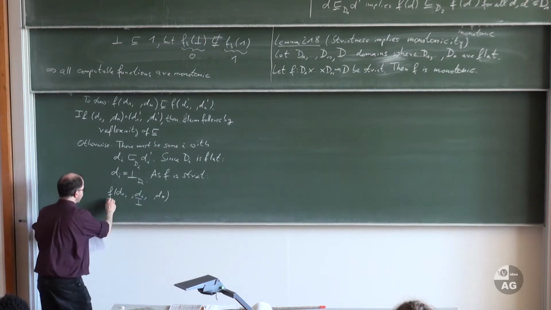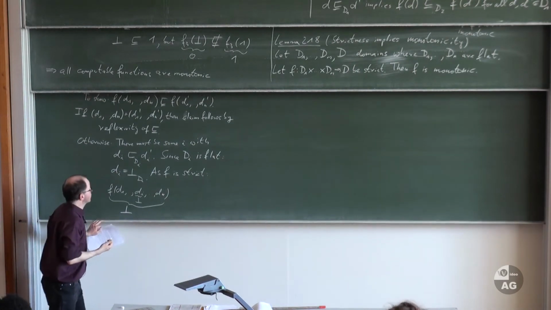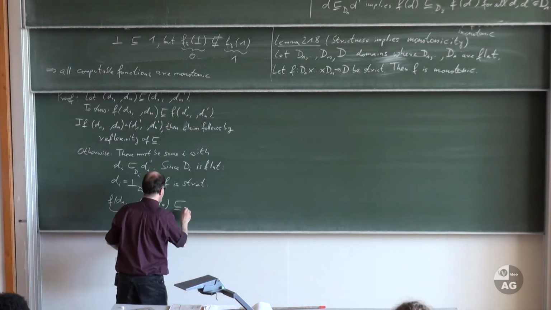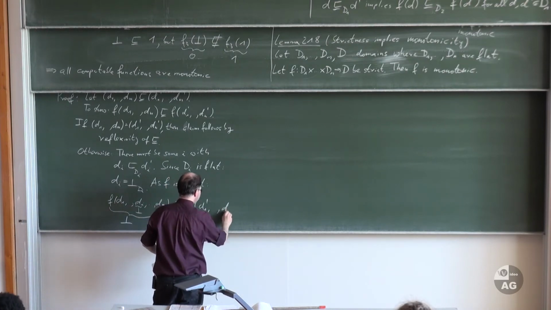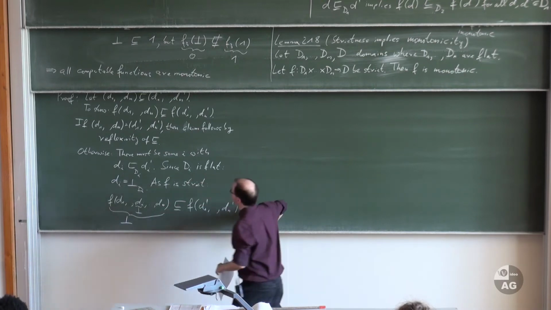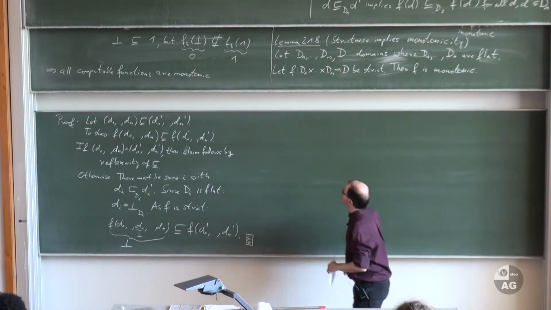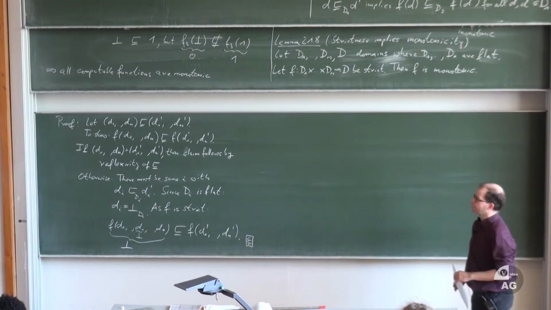So if f is strict, then the whole thing here is bottom. Well, and bottom is less defined or equal to anything. So it's less defined or equal to f d1 prime up to dn prime. So as long as we have strict functions, we know they are always monotonic.